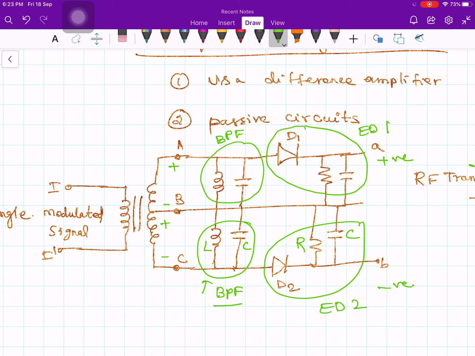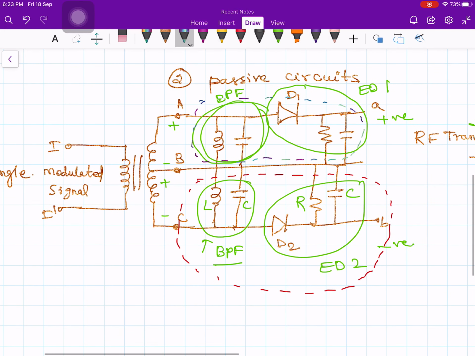Whatever I have in the upper branch, I have the same similar circuit in the lower branch. Of course, the values are different, especially in the band pass filter. So all I do is simply combine the lower and upper branch like this. This is one combination dotted in the red color line, and similarly the upper branch I can combine like this.